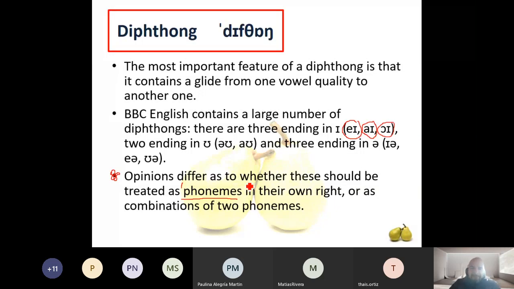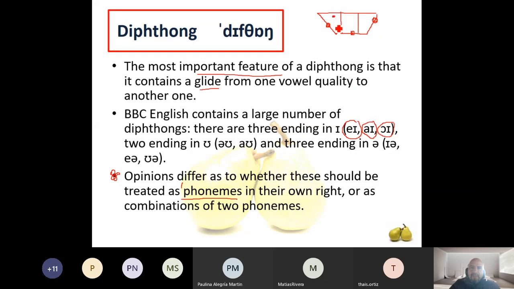The point is, the important feature of a diphthong is that there is a glide. Meaning, if you remember the vowel quadrilateral and the positions of the individual monophthongs, you remember, for example, that the open vowel was approximately here, at the bottom, the O was over here, and the short E was over here.